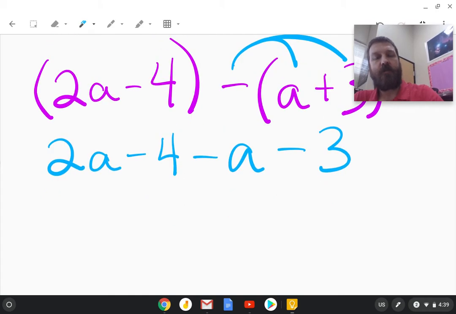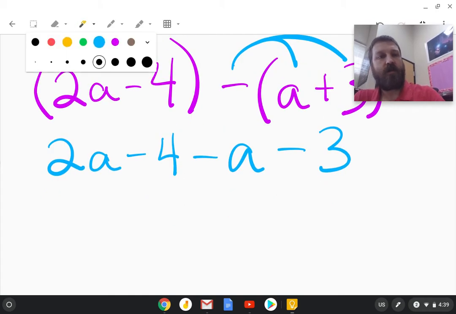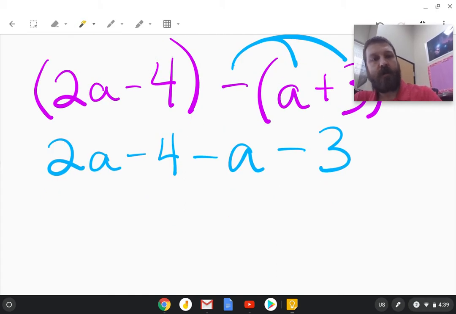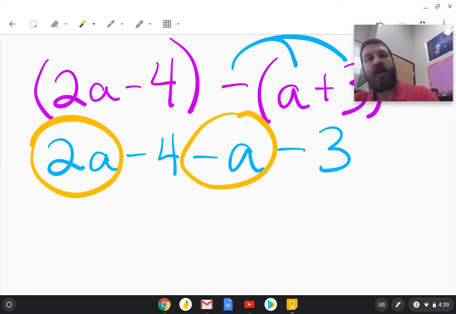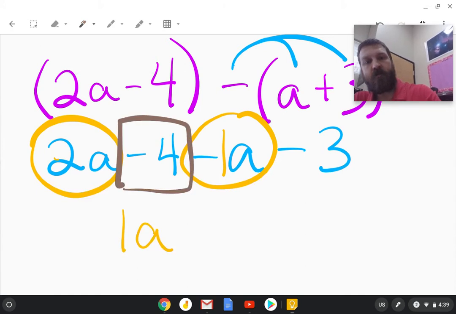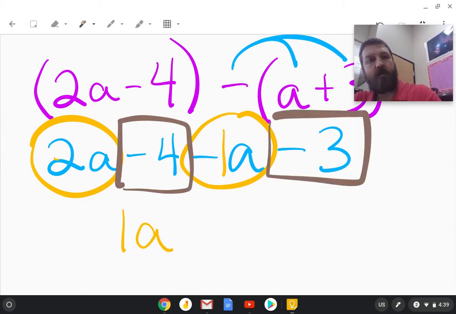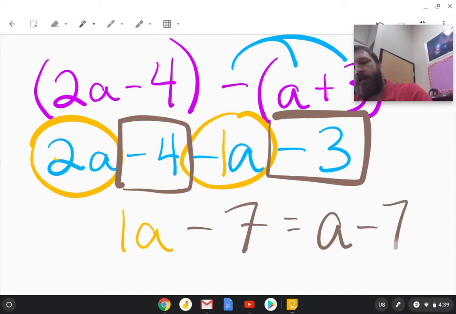So now I need to combine like terms. I'm going to combine 2a minus a. 2a's minus 1a is 1a. And then I have minus 4 minus 3. So that's going to be minus 7. And so the final answer would be a minus 7.